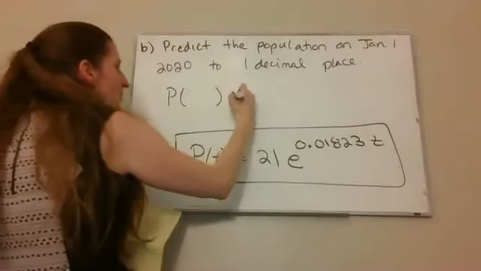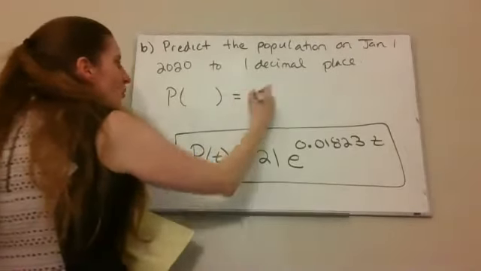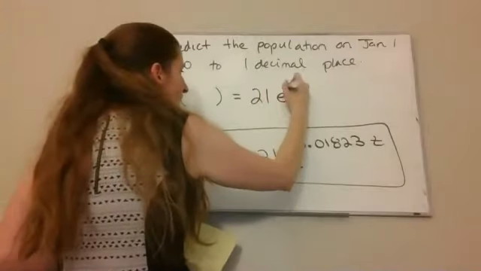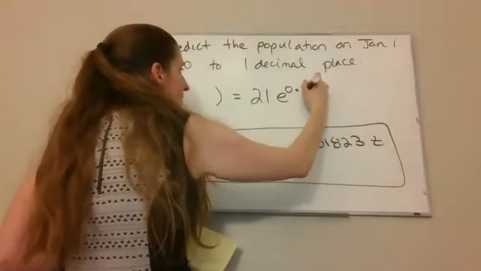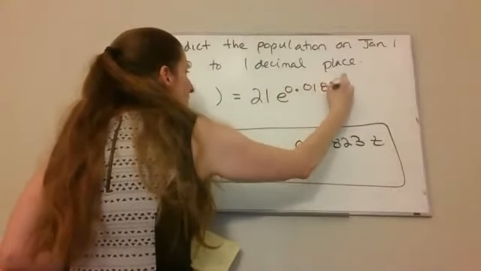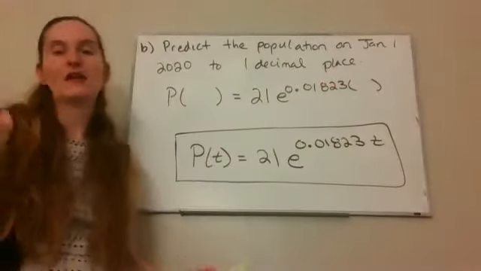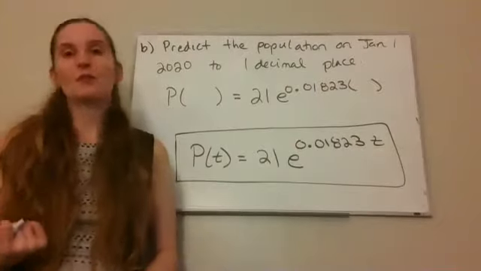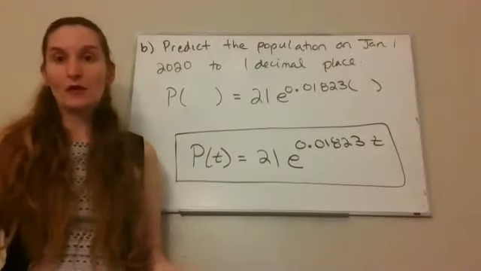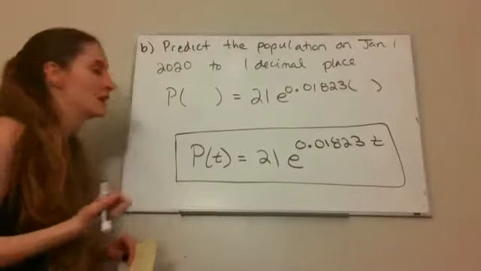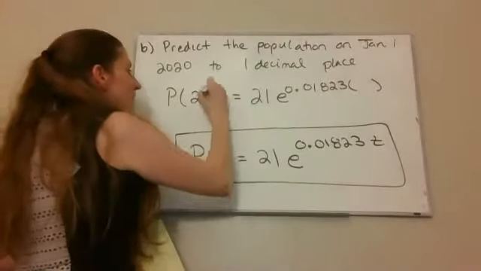To figure out the population on January 1st, 2020, I have to plug something in for my t. We just have to figure out what that value is. Remember, t is the number of years since January 1st, 2000. So this would be t equals 20.